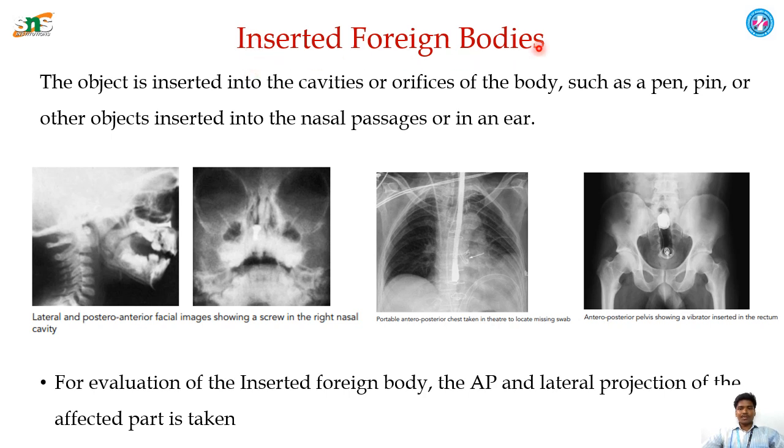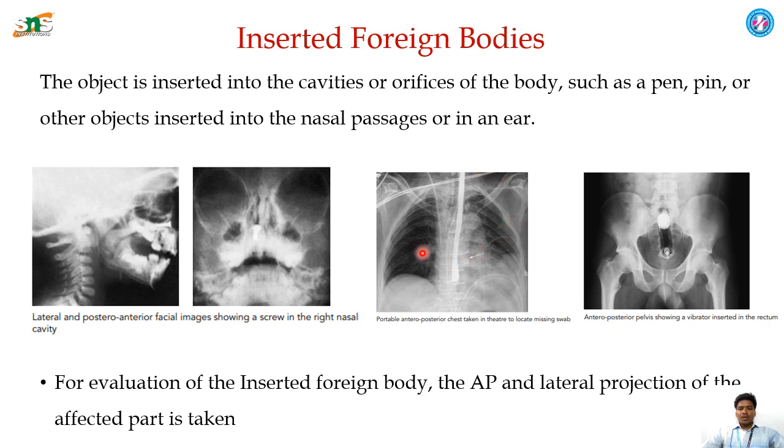Inserted foreign bodies. The object is inserted into a cavity or orifice of the body, such as a pen, pin, or other objects inserted into the nasal passage or in an ear or the affected part. The lateral and PA of facial bone showing the screw in the right nasal septum or cavity.